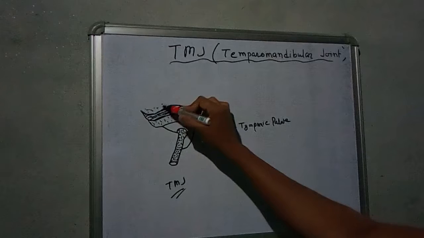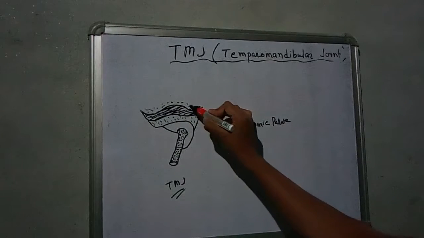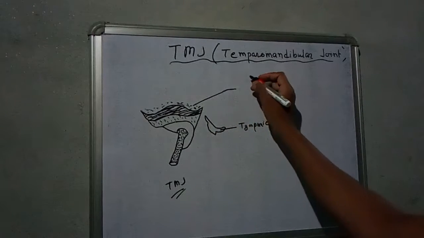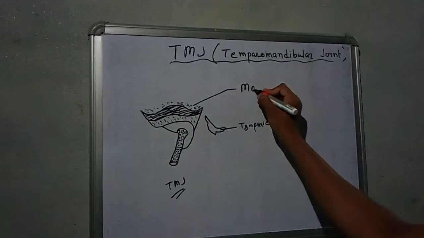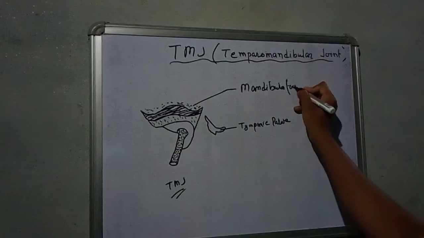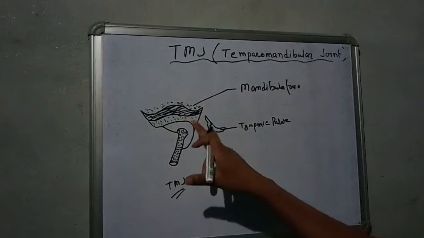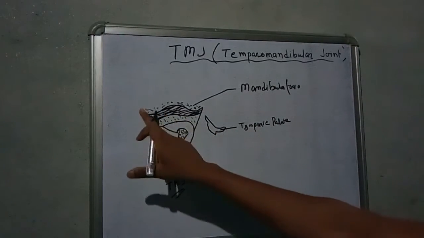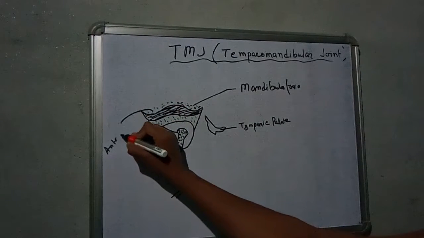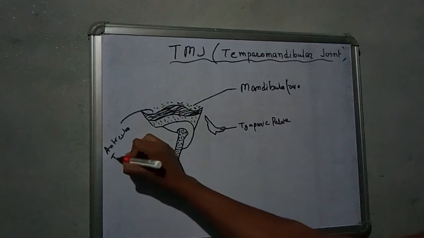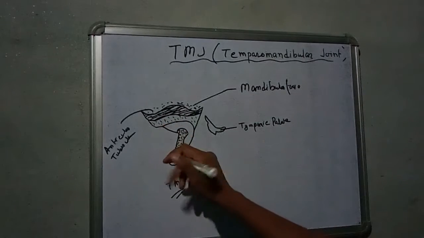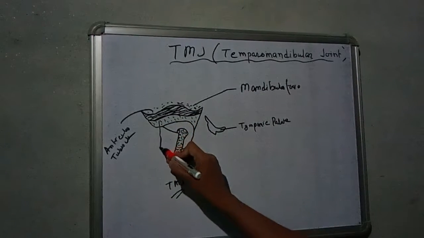Here will be the articular tubercle, and this is the articular disc.